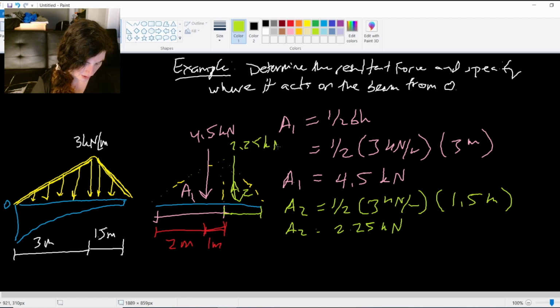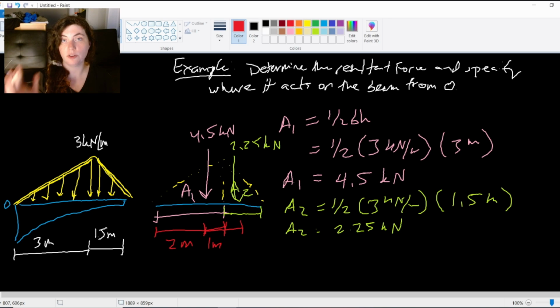I can again find this distance, because it will be 1/3 of the way in for a triangle. That's always where the centroid of a triangle is located. So that is going to be 1/3 of 1.5, 0.5 meters, from the triangle split. So that's the location of it.